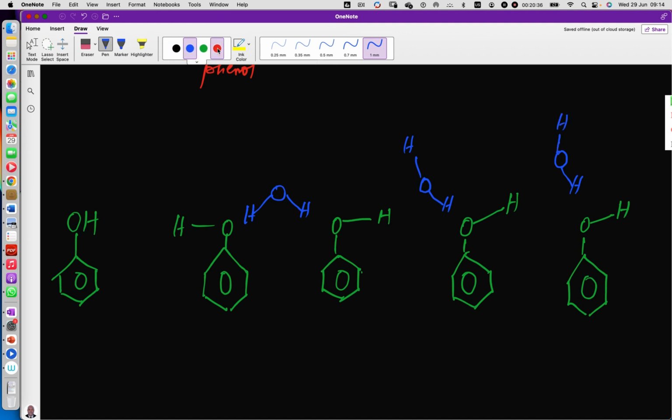Okay, you can now see the formation of hydrogen bonds. Hydrogen bonds are formed between the lone pair of electrons on this oxygen and the hydrogen.